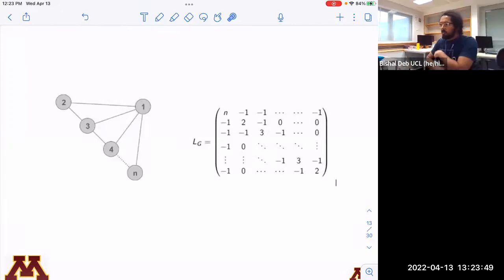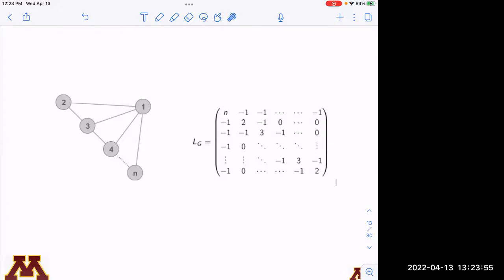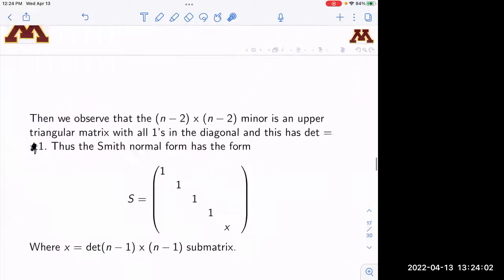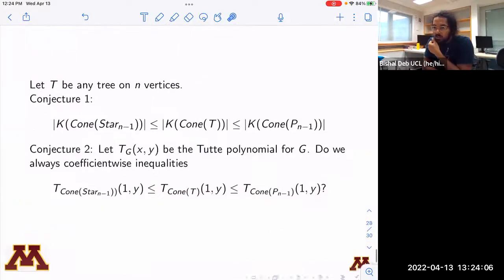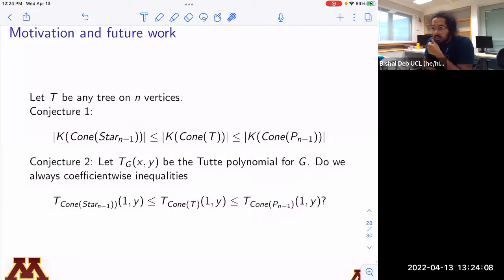So I have one more remark. Can you go to the inequality at the end? You said go to the very last slide here, with the Tutte polynomial.